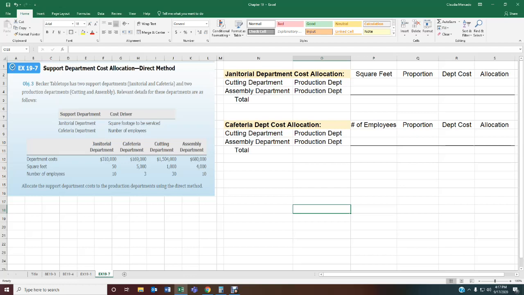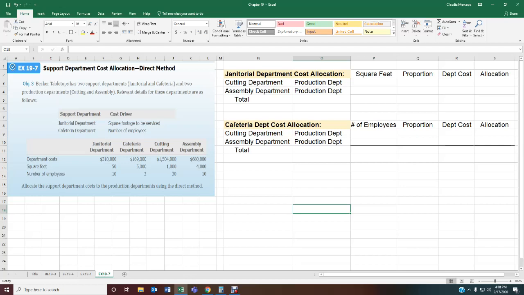The cost driver for the janitorial is based on number of square feet being serviced. The cafeteria is based on the number of employees. Then we have our department costs, our square feet, and our number of employees for our janitorial, cafeteria, cutting, and assembly departments.